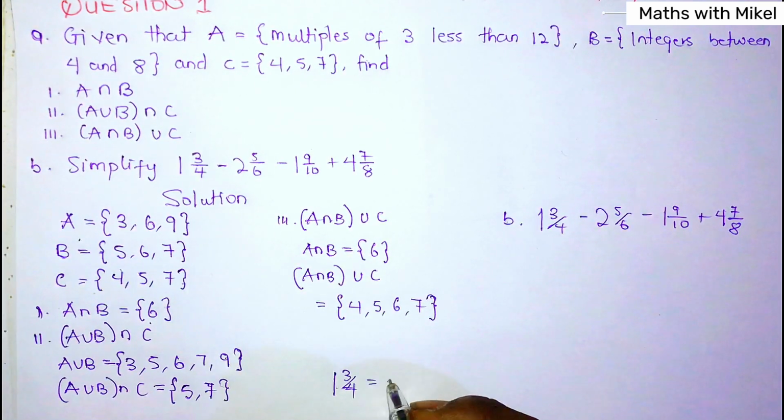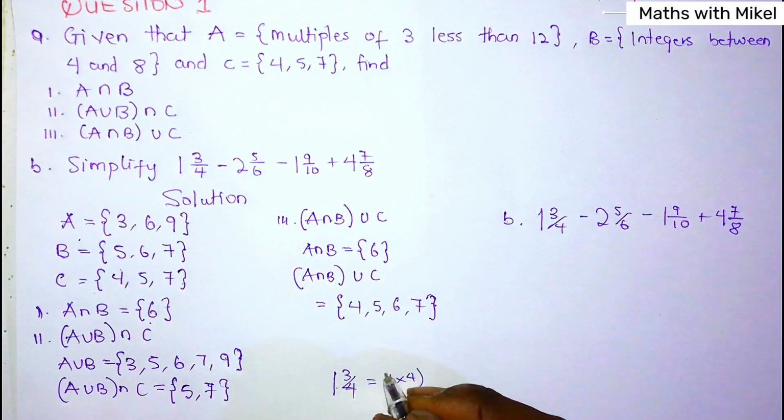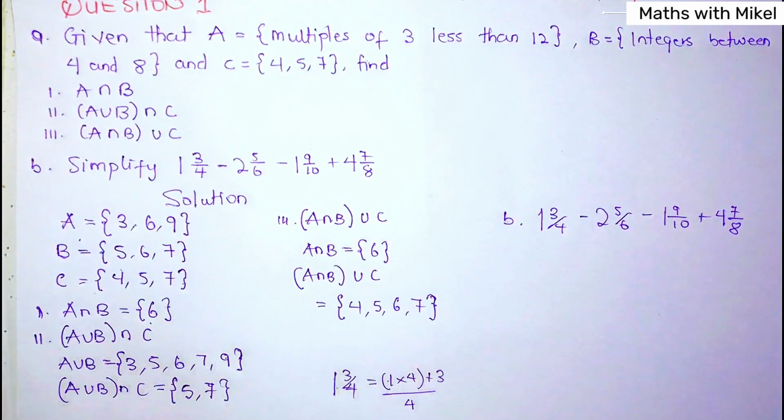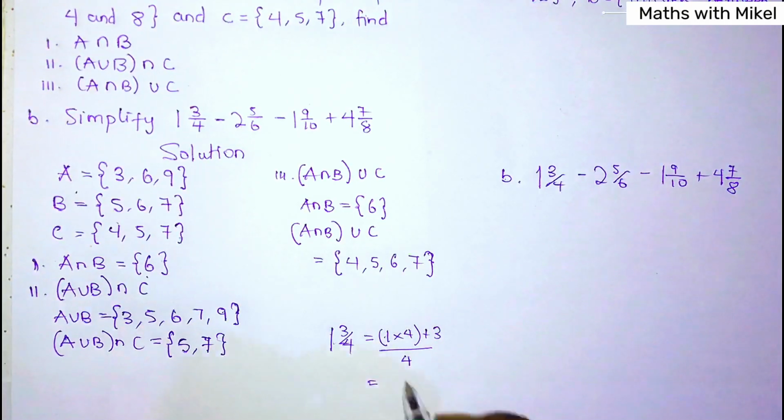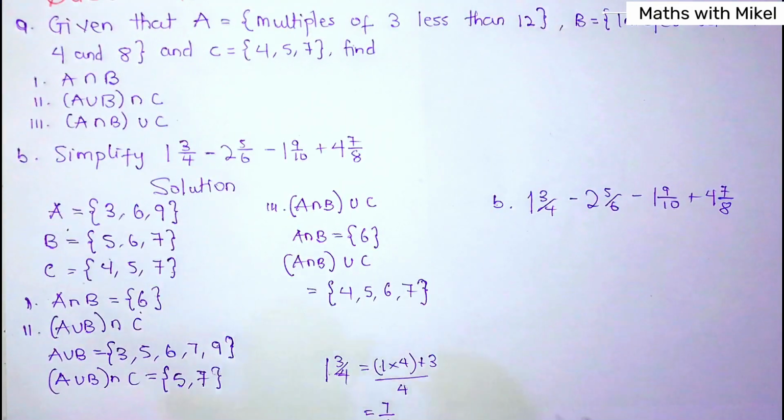The 1 whole number 3/4 is the same as 1 times 4 plus 3, all divided by 4, and this gives us 7/4. So we've done the first one.